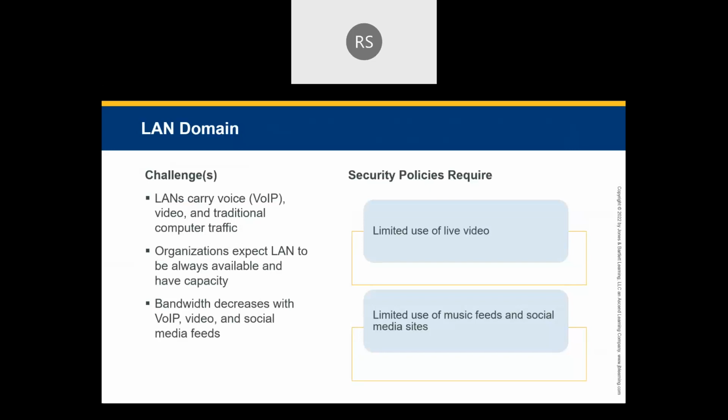So, implementing policies that limit the use of live video streaming helps ensure that network resources are appropriately allocated and available for essential business operations. Music feeds and social media sites can also consume considerable bandwidth and pose security risks if not properly managed. So, establishing policies that restrict or regulate the use of music feeds and social media sites helps optimize network resources and minimize potential vulnerabilities associated with these platforms.